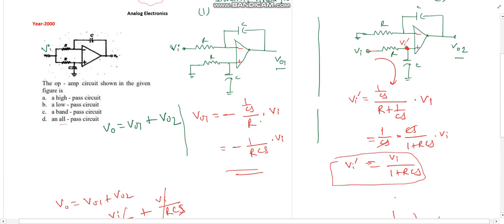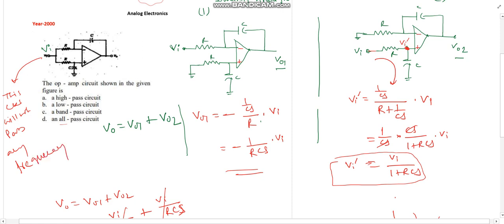That means this circuit does not pass any signal. This circuit will not pass any frequency. It acts like a stop filter.